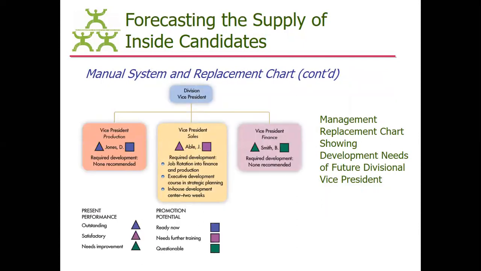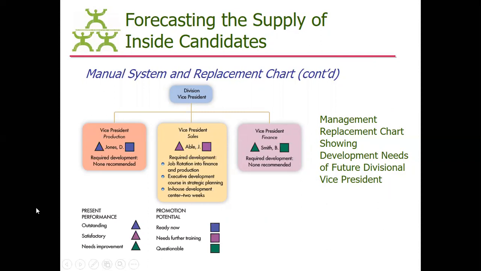Okay, let's discuss the example of management. This is a management replacement chart that shows the development needs of a future divisional vice president. For division vice president, we have three candidates right now. The first candidate is the vice president production, for example, his name is Jones. The second one is the vice president sales, Abel is his name, and the third one is the vice president finance.